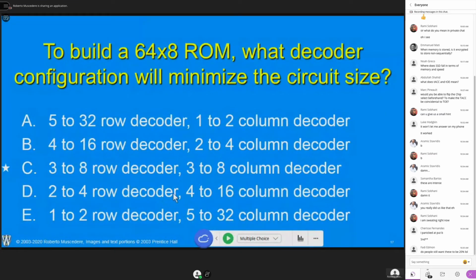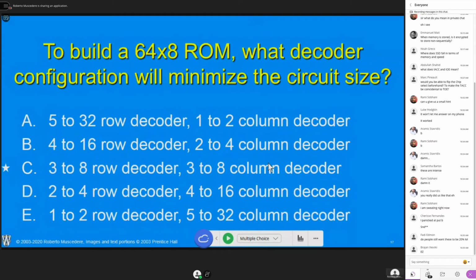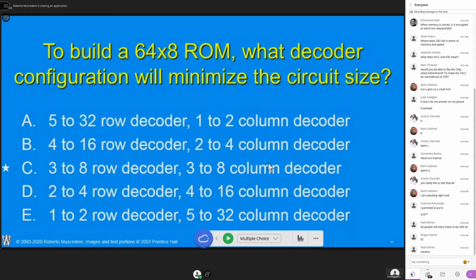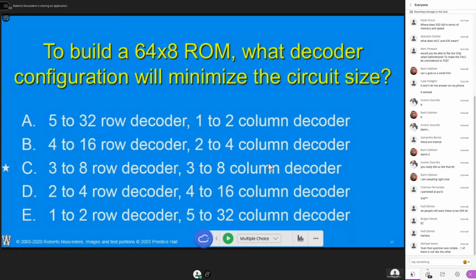No, this one would still be too large. Again, the idea is that we want it to be as small as possible. So if we can use the smallest decoders, do people still want these to be 20%? Okay, so this is what we're going for, right? The smallest decoders possible. Okay, moving on here.